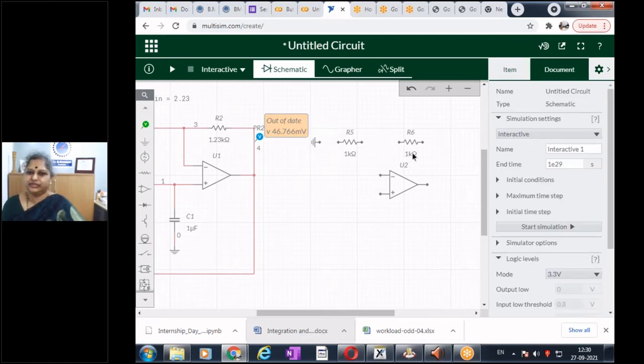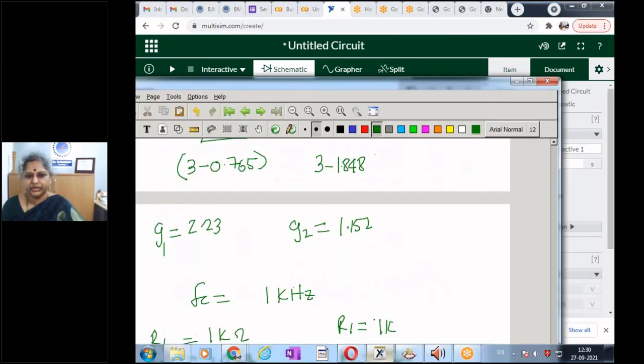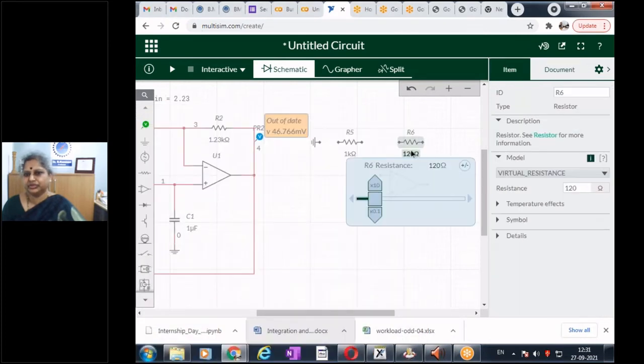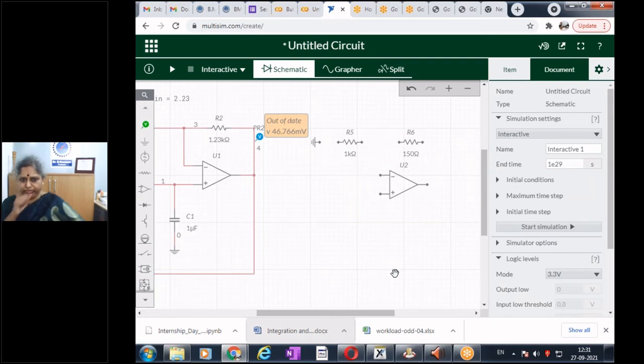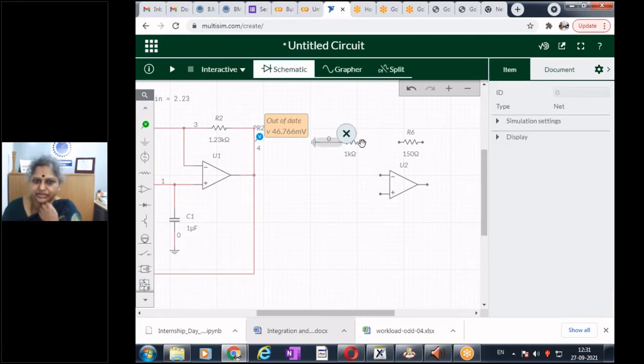And what was the resistance? 1.152, so 152 ohms is what we need, so I'll take the resistance as 150 ohms. Sorry, so this is 150 ohms. Let's finish this wiring. This is the second stage.